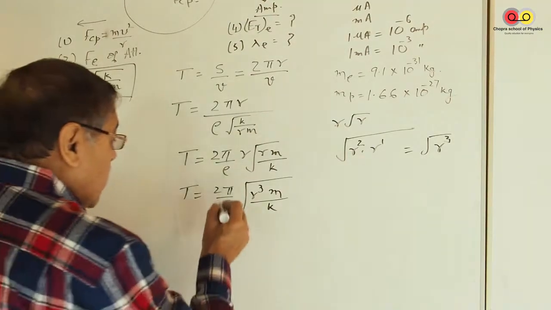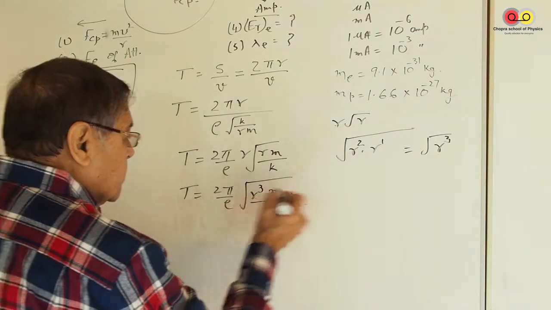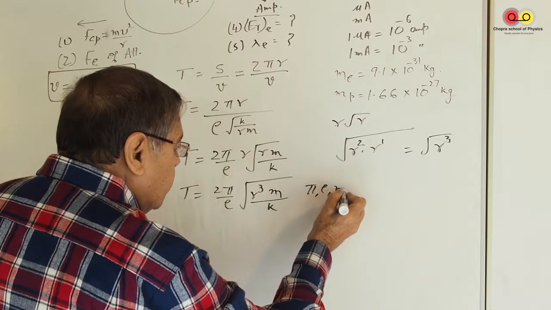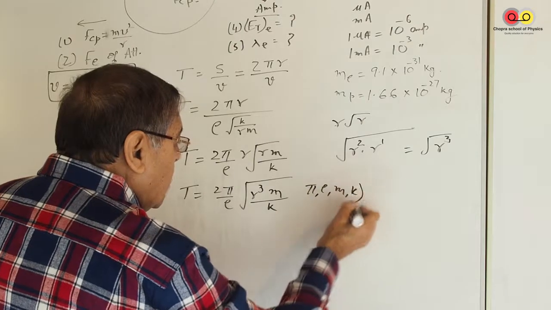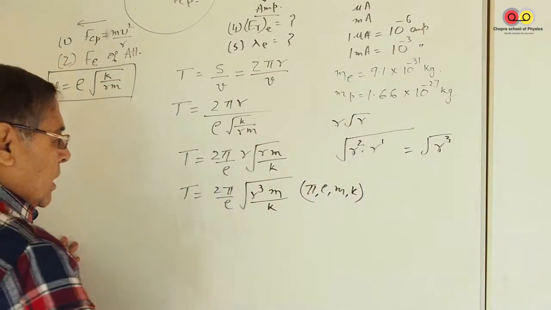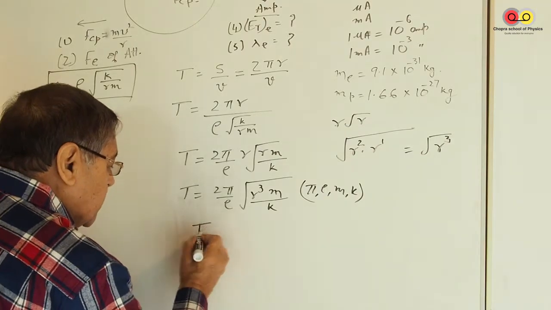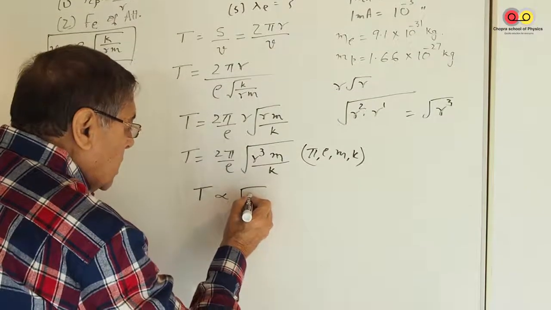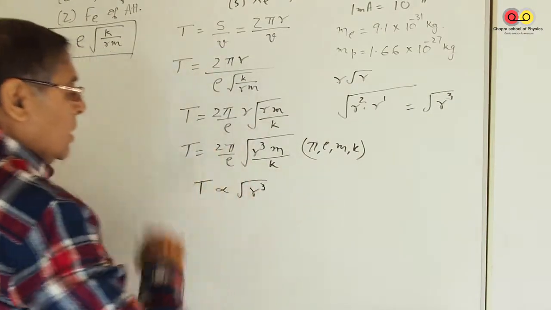Now, pi is constant, E is constant, pi, E, M, K, all are constant. All numbers are constant. So T is proportional to square root of R cube.